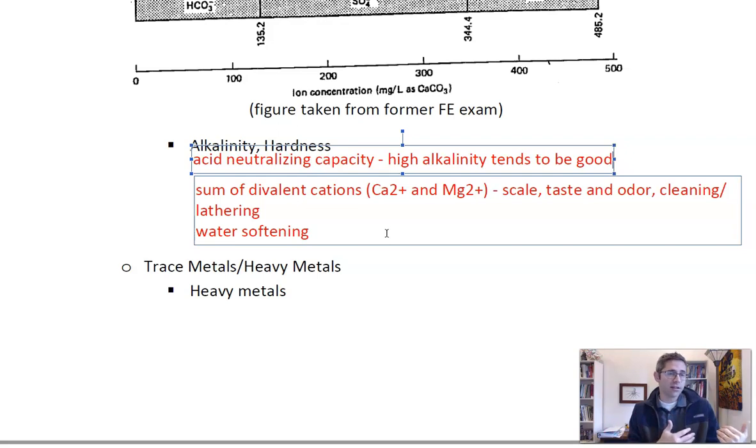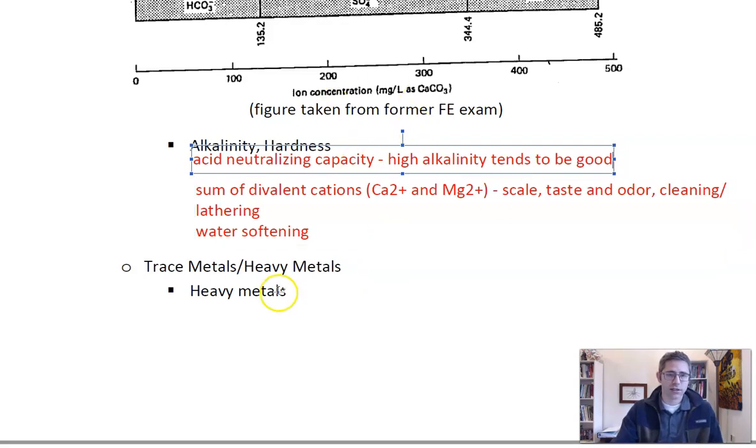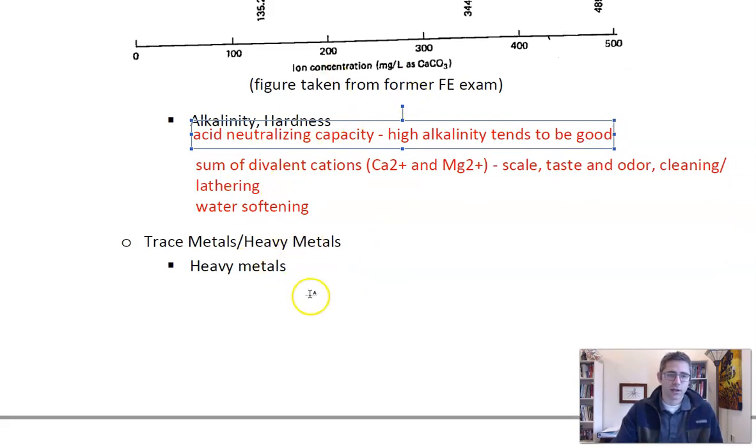Whereas if you have very little alkalinity and you had a big storm, a bunch of stormwater runoff came in, bringing maybe acidic minerals with it, it could drastically change the pH in the water body, which could have an effect on fish or other water quality. So generally, high alkalinity is good.